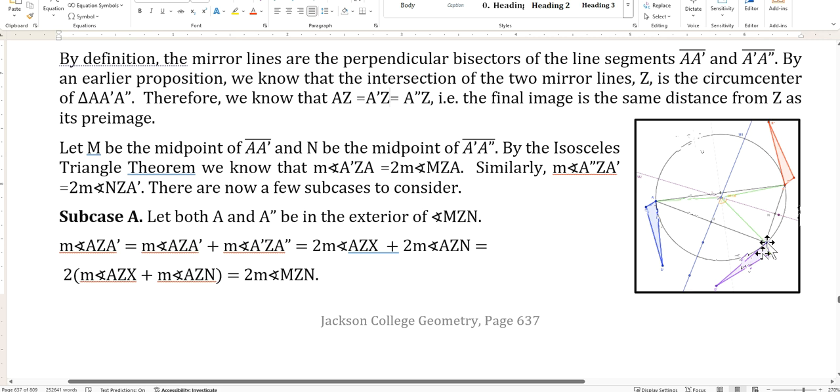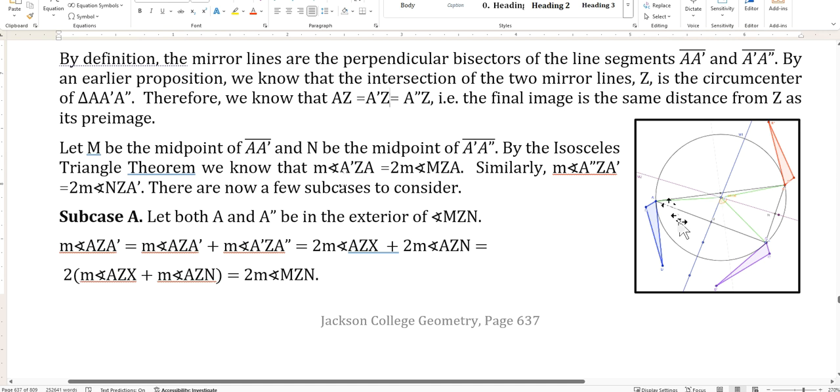Okay, now we've got some isosceles triangles going on because of the different pairs of green sides that we can look at. So in particular, we know that the measure of angle A prime ZA is going to be twice the angle from A to Z to M, which is the same size as the angle from A prime to Z to M.